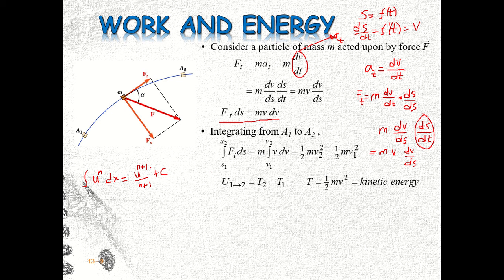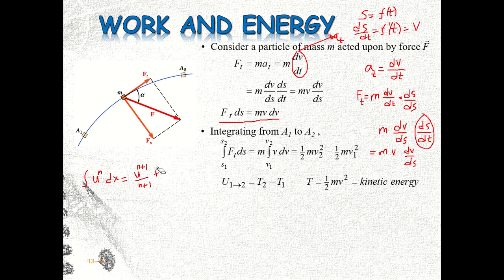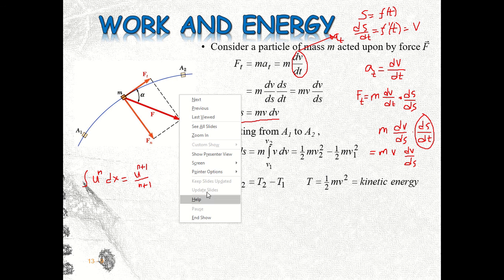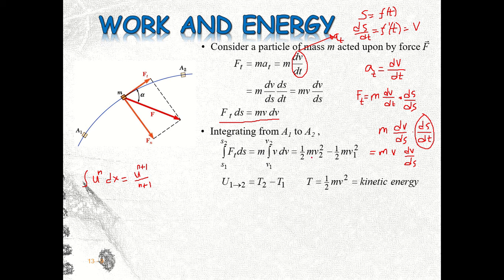Or if you have the limit, then you just substitute the limit, so you don't have the constant of integration. You don't need to write this because you have the limit. So substituting the limit, we have 1/2.